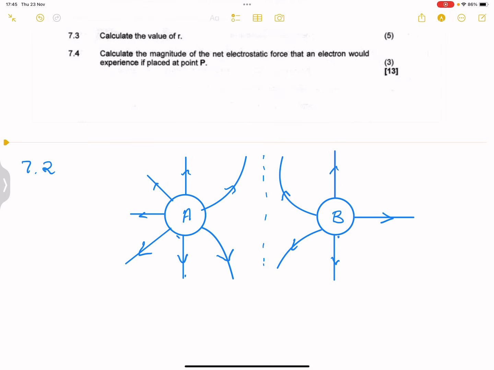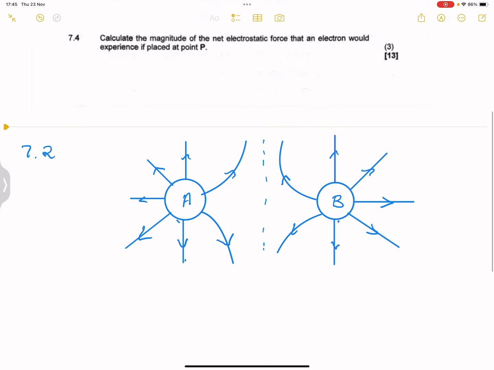The fact is, because it's a positive charge, you just need to indicate that the density of the field lines must be equal in this case, so that it shows that the two charges are actually equal, right? And the field lines are moving away because it is positive. So let's go on to the next one.